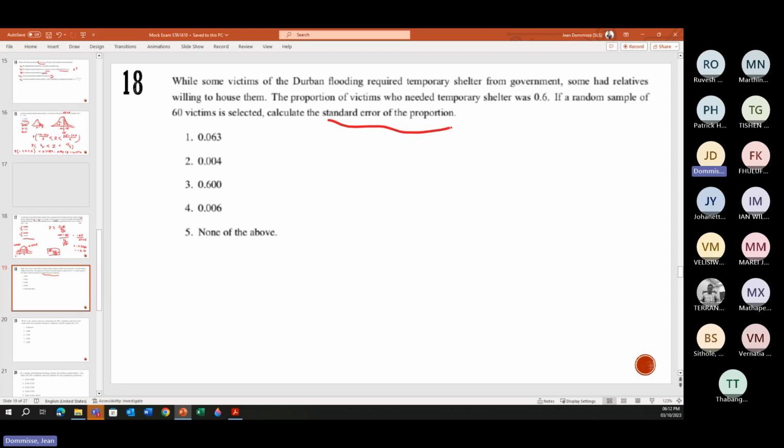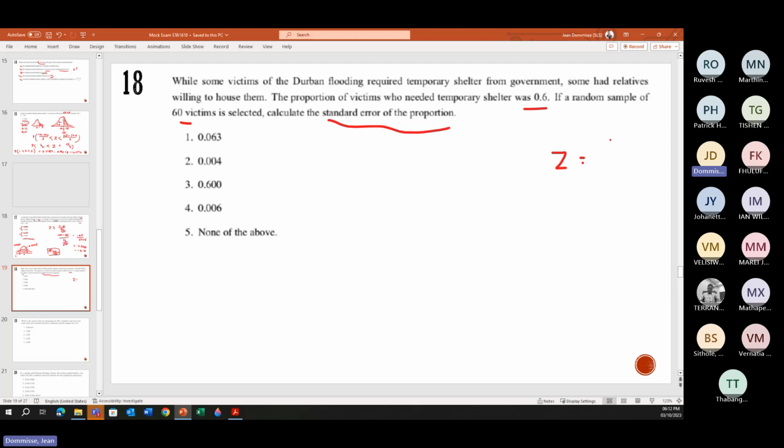So you only need to work out the standard error, but in here you maybe could have read, okay, I now need to work out the Z, but they don't give me enough information. So then the option will be not enough information. Because one can look at this and say, there's my random sample of 60, there's my proportion.